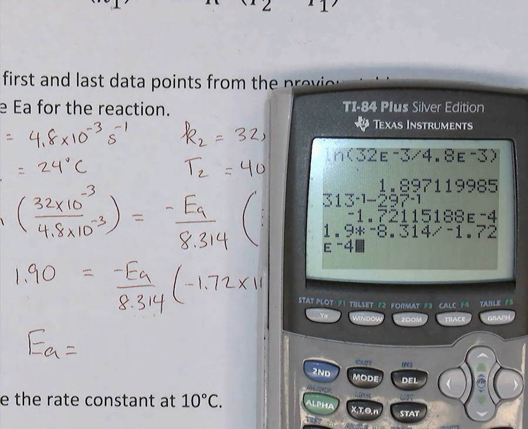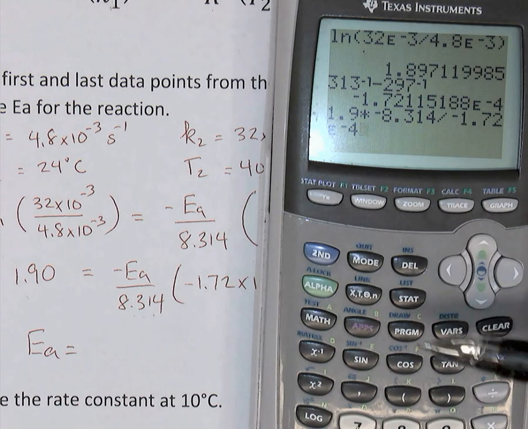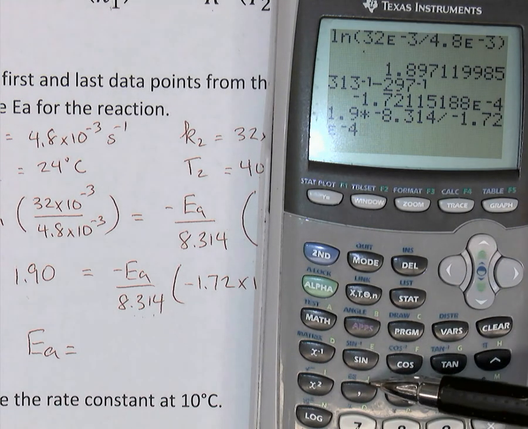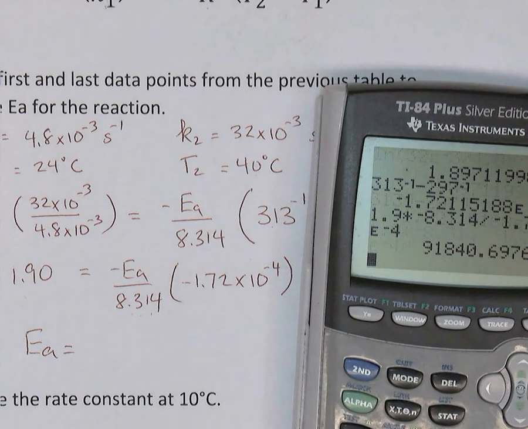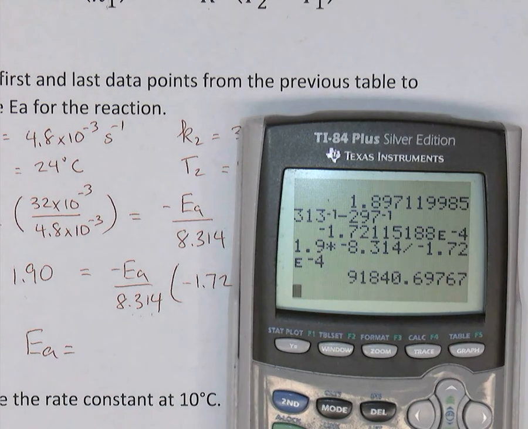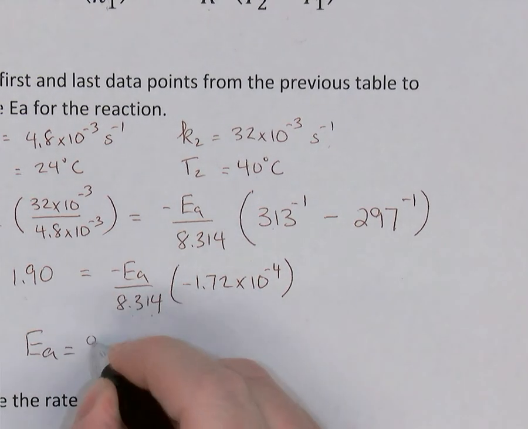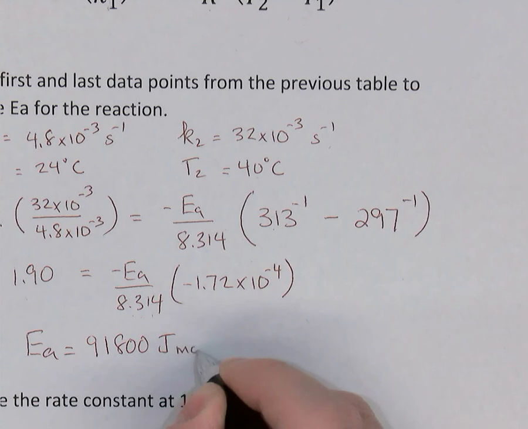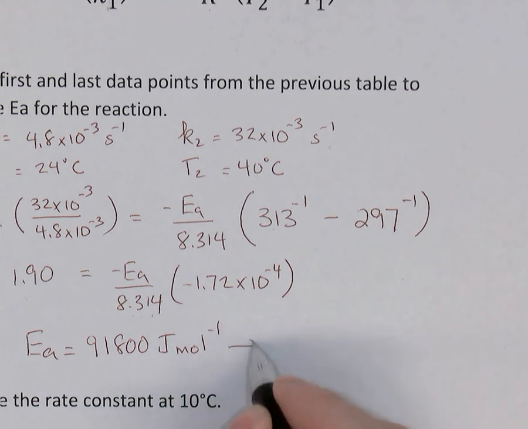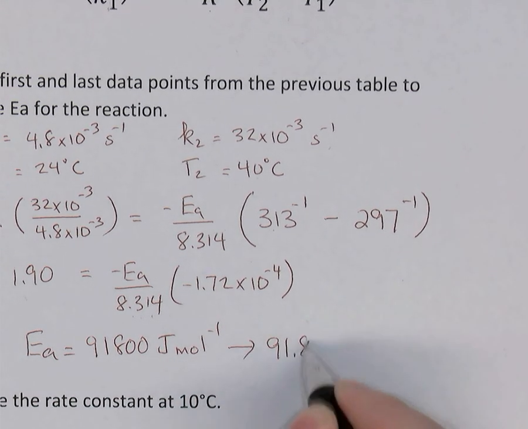You're using the EE button to do scientific notation. The EE button on the graphing calculator is right here above the comma symbol. So press enter, and we get 91,800 joules per mole, which will be 91.8 kilojoules per mole.